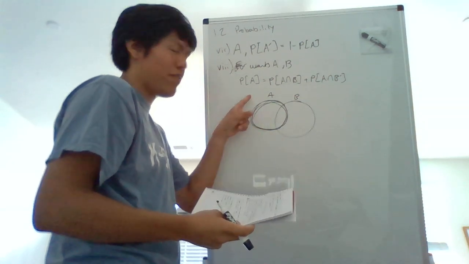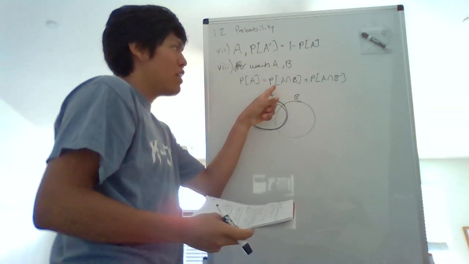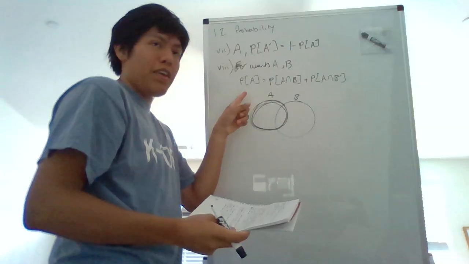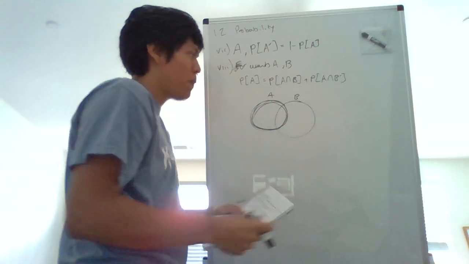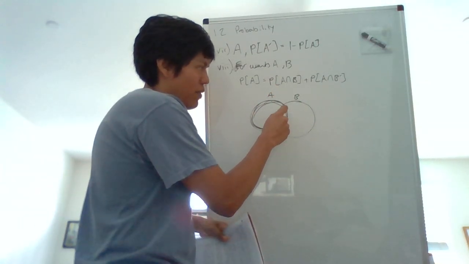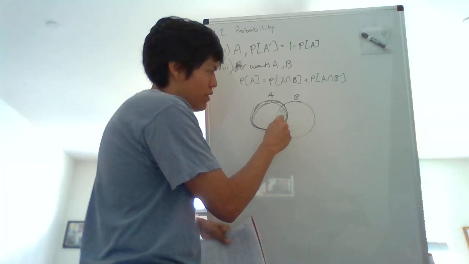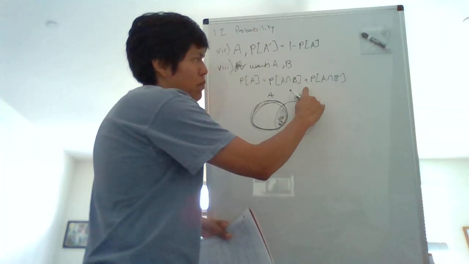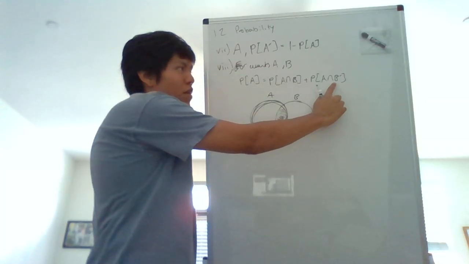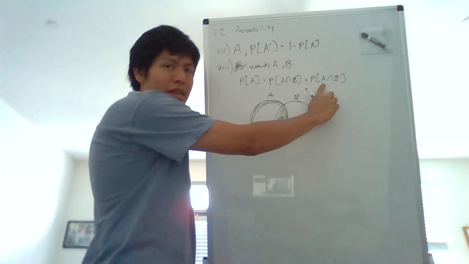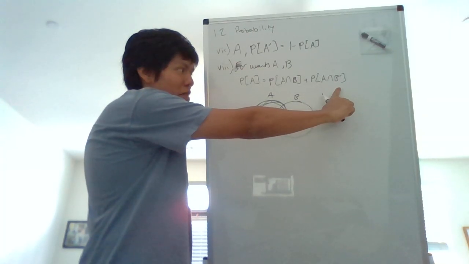If we only want to find the probability of A, then we can find that by adding the probability of A intersect B, which is the intersection, this middle part, plus the probability of A intersect B complement, or everything that is in A and is not in B.